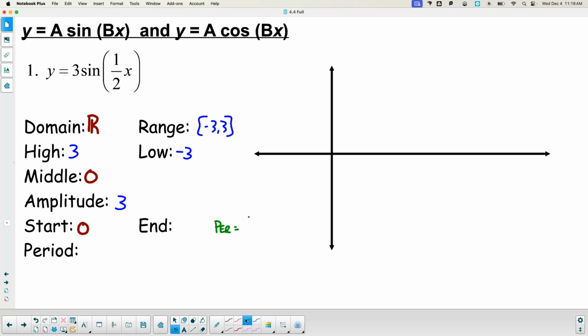My period is going to be 2 pi divided by 1/2, which is going to be 4 pi once again, which means starting at 0, ending at 4 pi. Sine with no negatives.